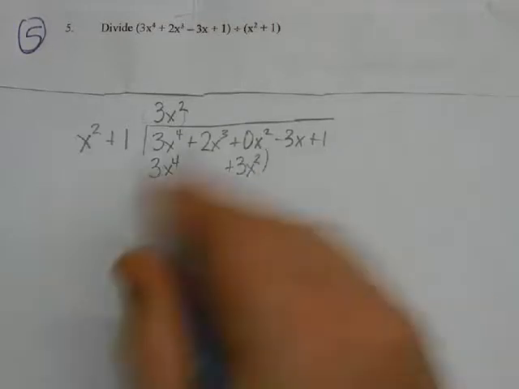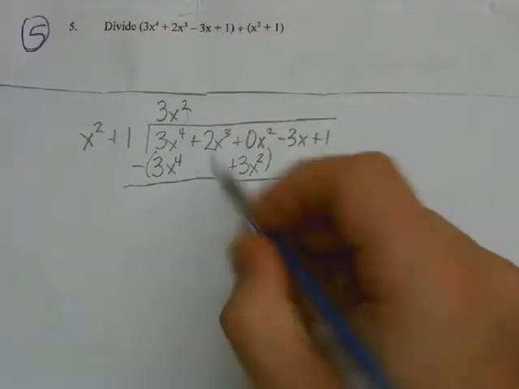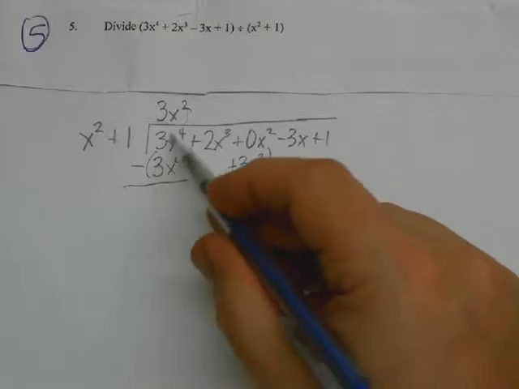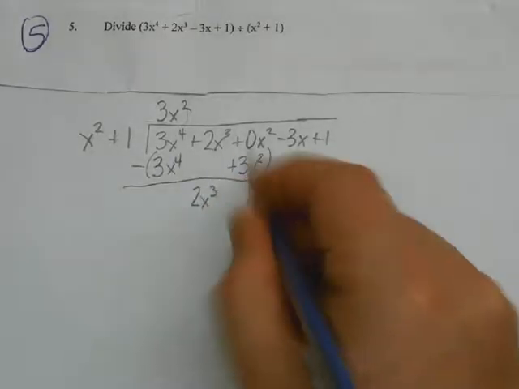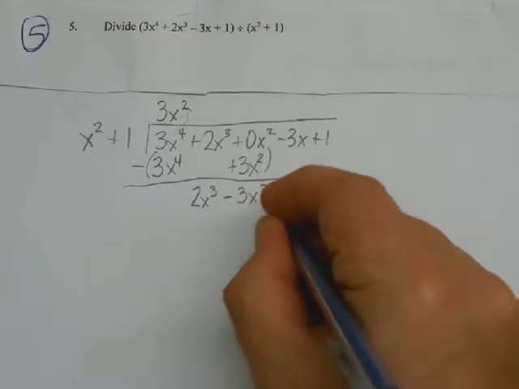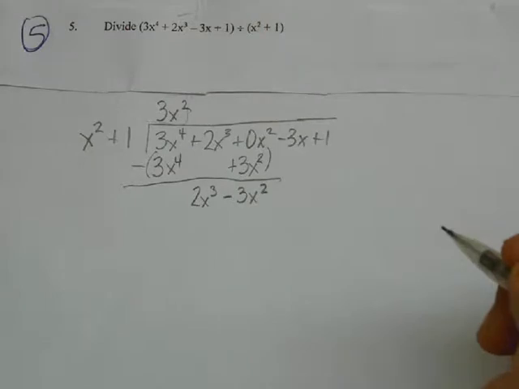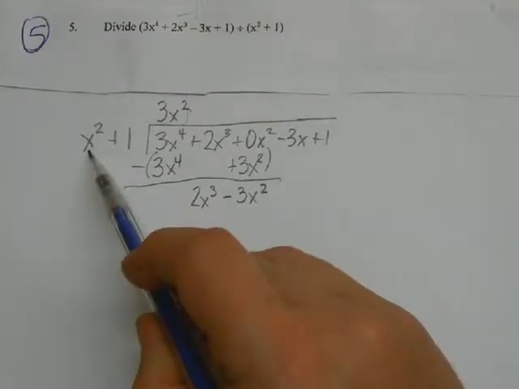And then I'm going to subtract. So these cancel out as I wanted them to. I bring down the 2x cubed. This is going to be minus 3x squared. Now x squared and 2x cubed.